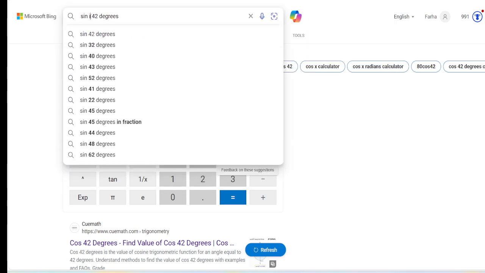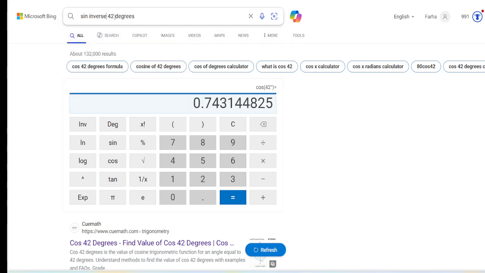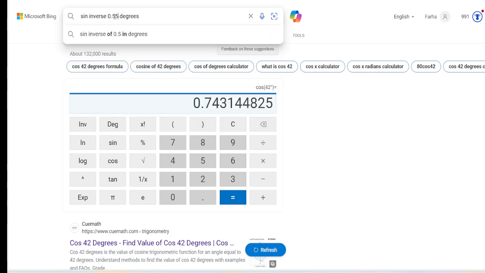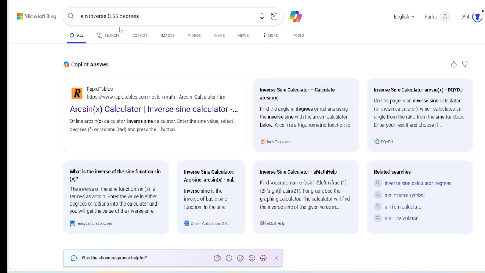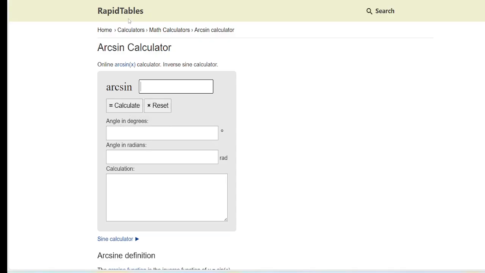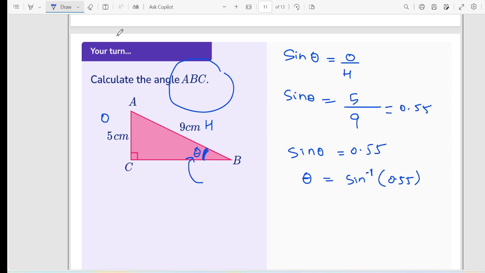Let's check the value for sine inverse 0.55 in degrees. Let me use my calculator to do this. So the angle is 33.37 degrees.